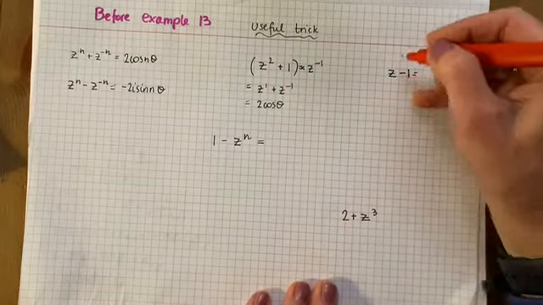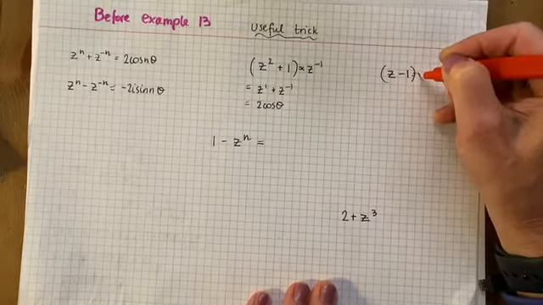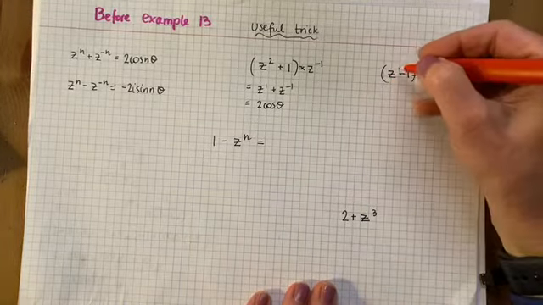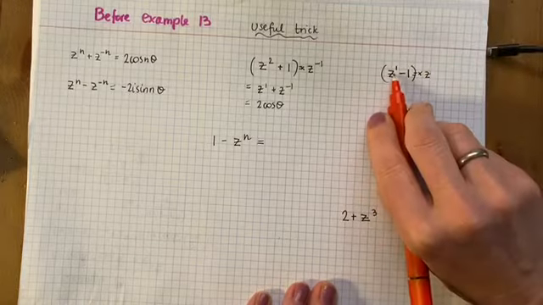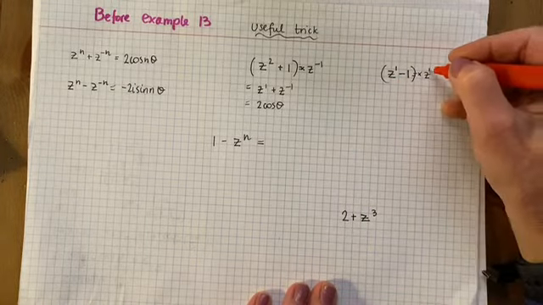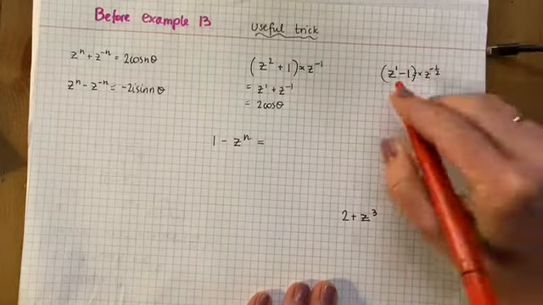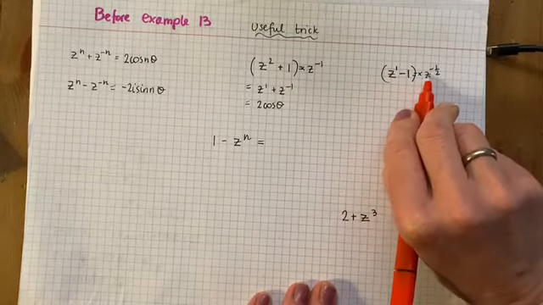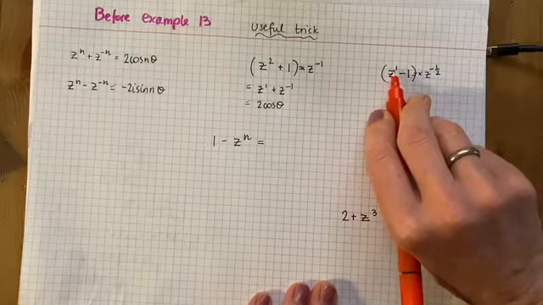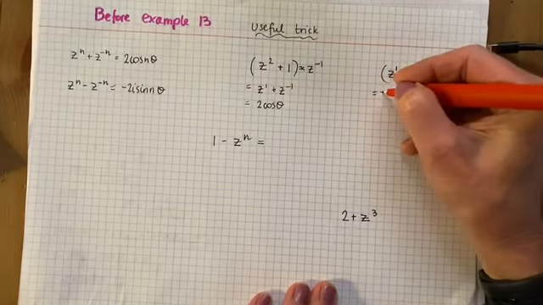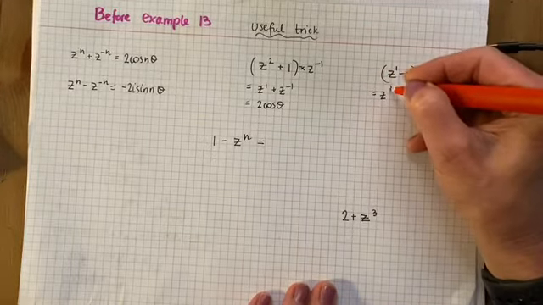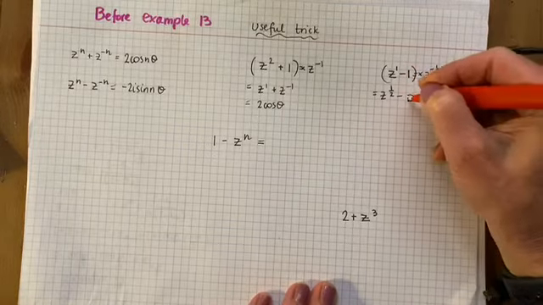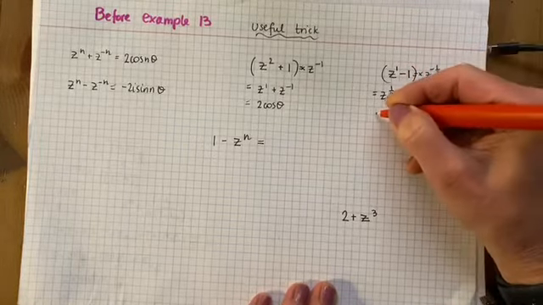So over here, what could we multiply this by? It's by half of whatever the z has as a power, so it's got to be a half, but with a minus. When you multiply it out, you get z to the power of 1 times z to the power of minus a half. Adding the powers will give you z to the power of a half minus 1 times z to the power of minus a half.